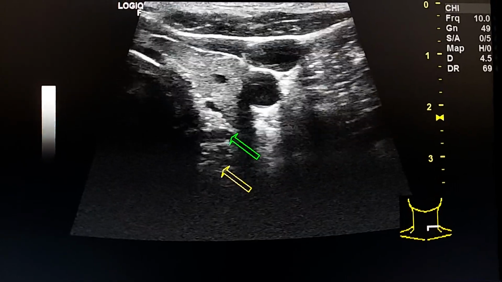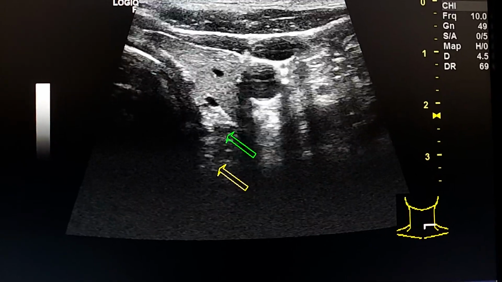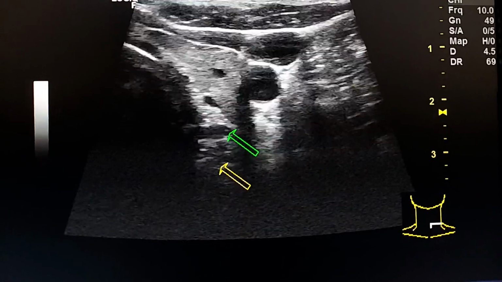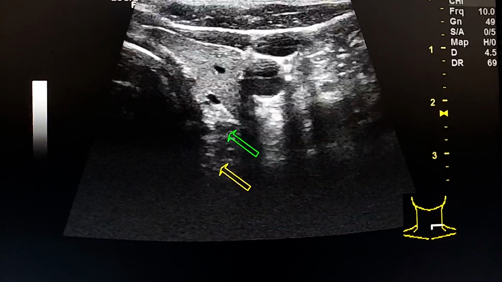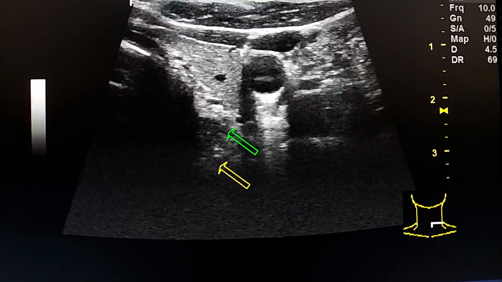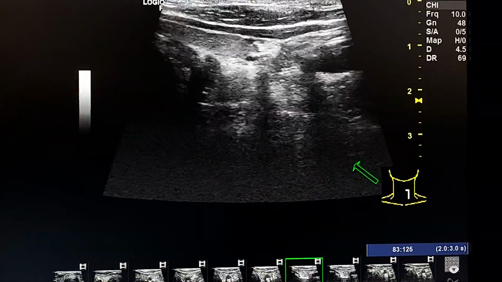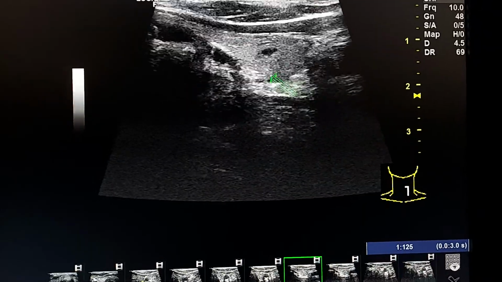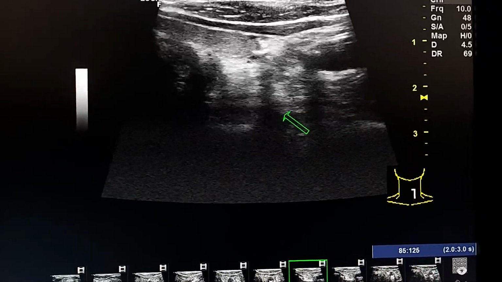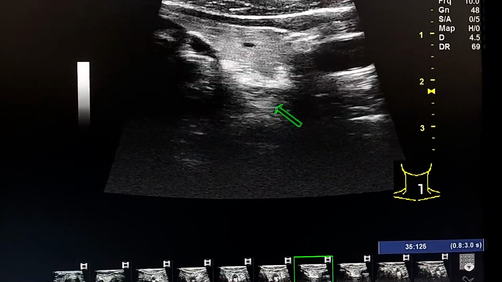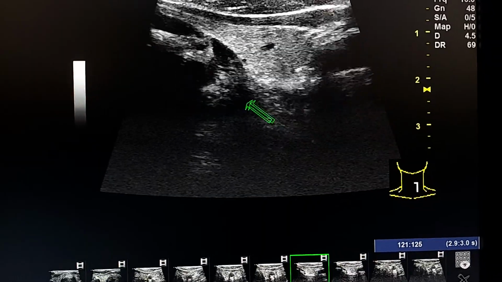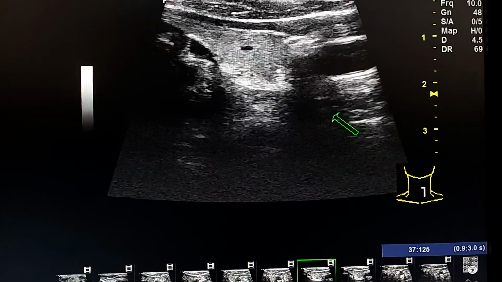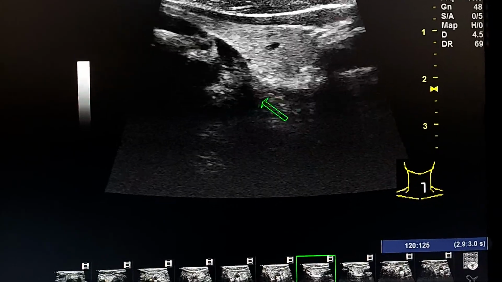So this is the appearance of the normal esophagus, which is collapsed and not dilated; we don't see any contents inside it. Here we see a longitudinal section. At this point, behind the left lobe, we see movement of the contents of the esophagus while the patient is drinking a small amount of water.